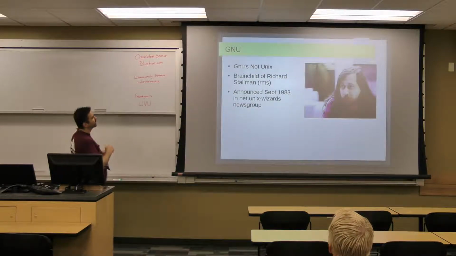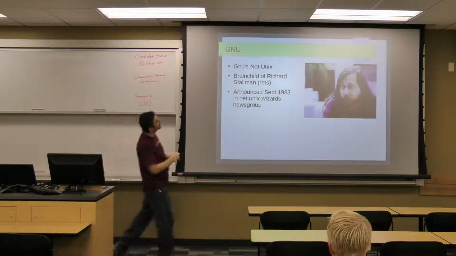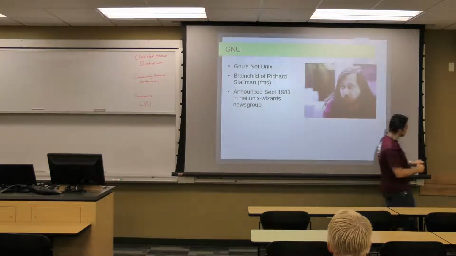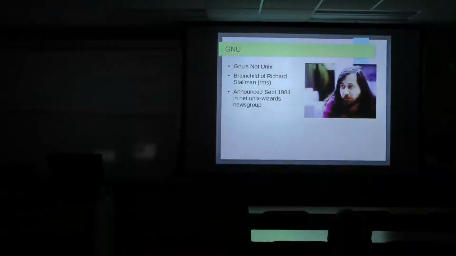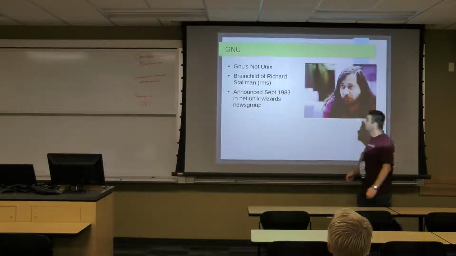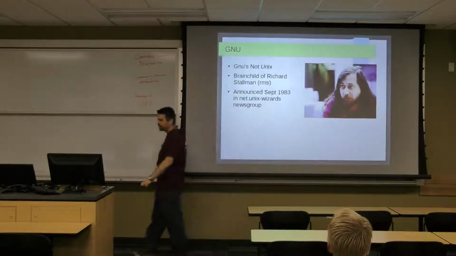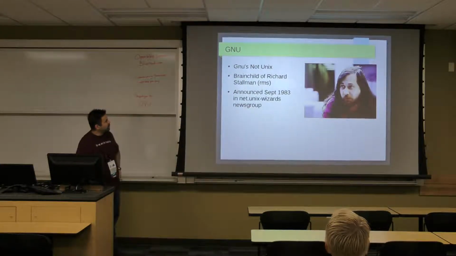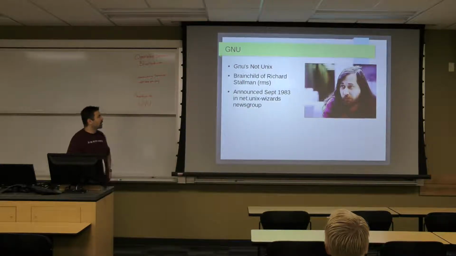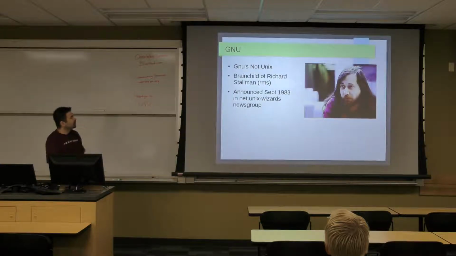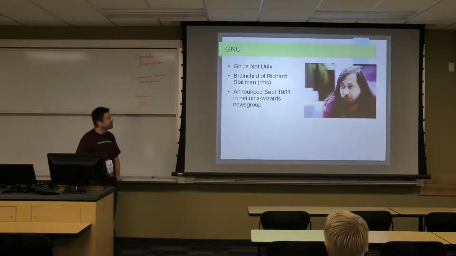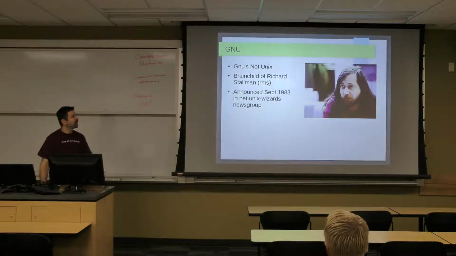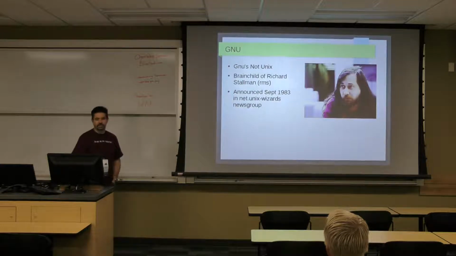One really substantial thing that happened in the 1980s was this guy, Richard Stallman, commonly known by his initials, RMS. He was working at MIT during the 70s in their artificial intelligence lab, and he became very enamored with this idea of sharing software.